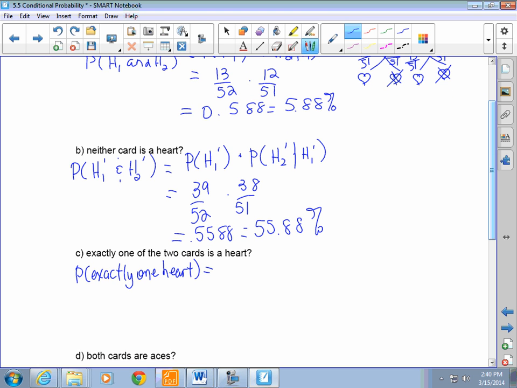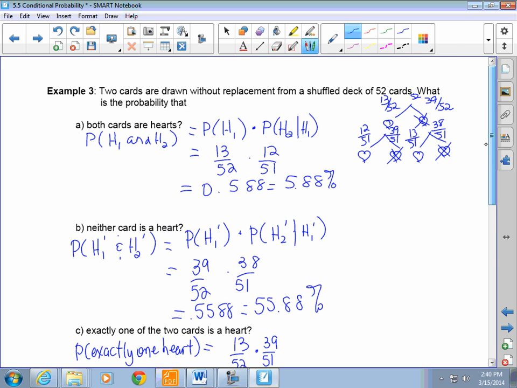So if the first card was a heart, I have a 13 out of 52 chance of selecting that, and I have a 39 out of 51 chance that the second one is not a heart. Second one not a heart, 39 out of 51, because I only want one heart.